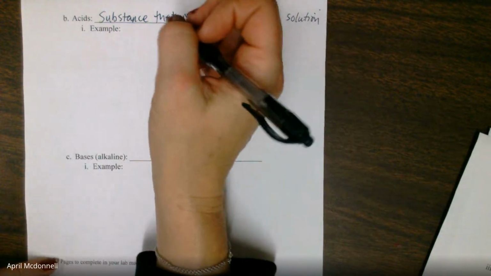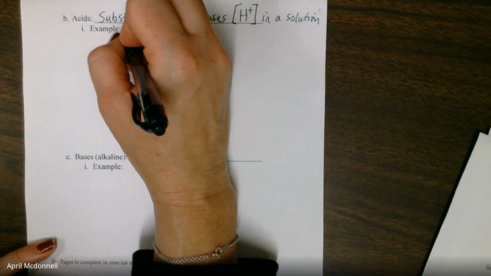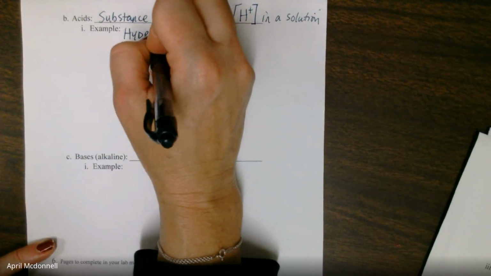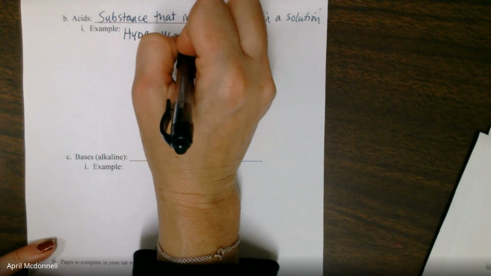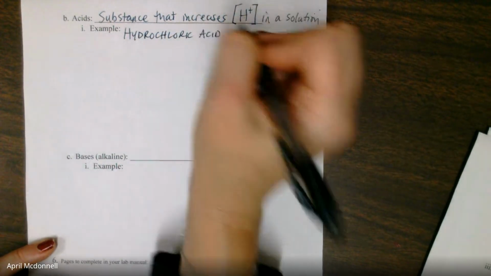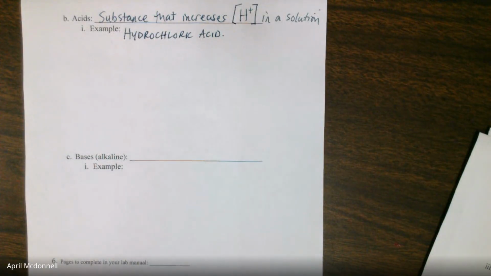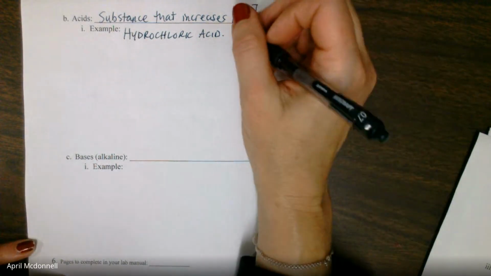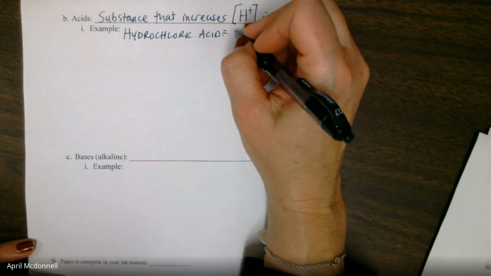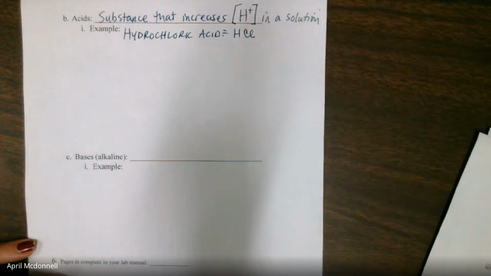An example of a very strong acid is hydrochloric acid. The formula for hydrochloric acid is HCl.